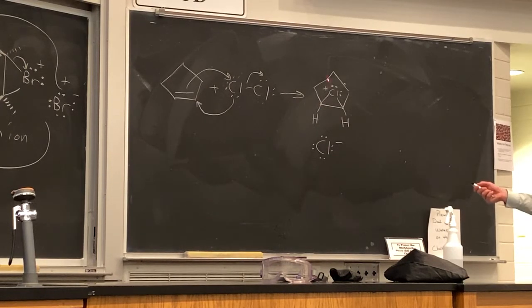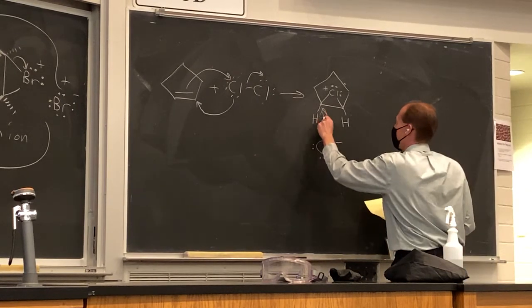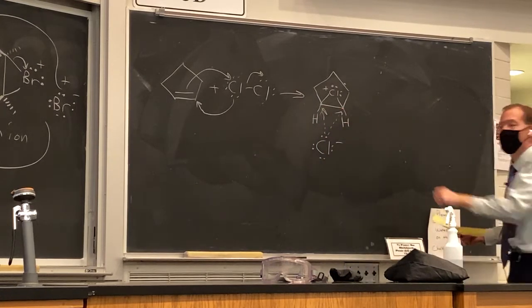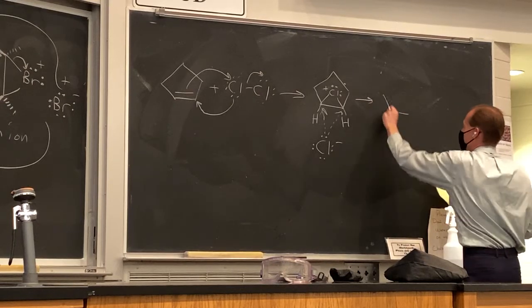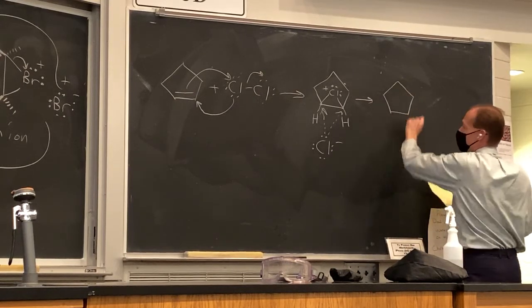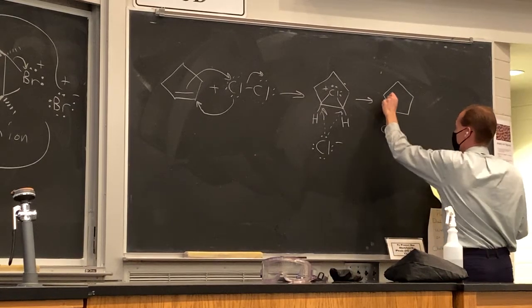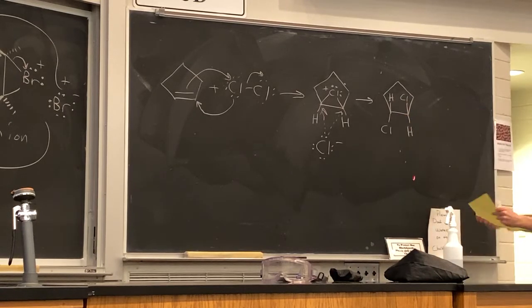It's going to attack opposite from where the chlorine of the chloronium ion is. But you're going to attack with equal rates the carbon on the left and the carbon on the right. Okay, so that's going to give us this compound.